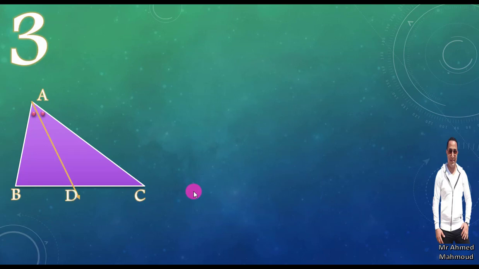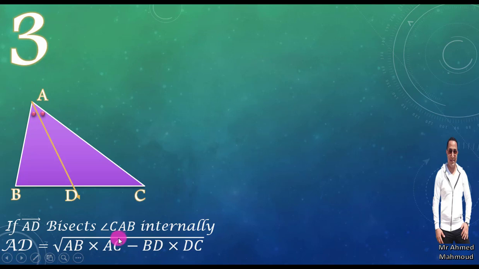If I need to find the length of the internal bisector, it is equal to the square root of the two sides AC times AB minus the two segments BD times DC. AD bisects angle CAB internally, so AD equals the square root of AB times AC minus BD times DC.